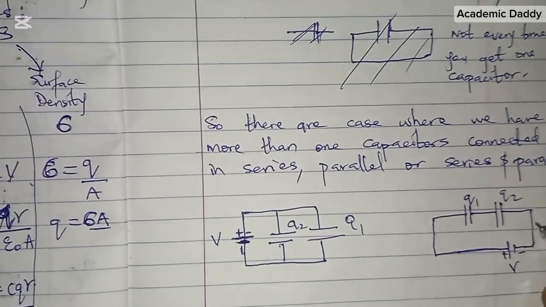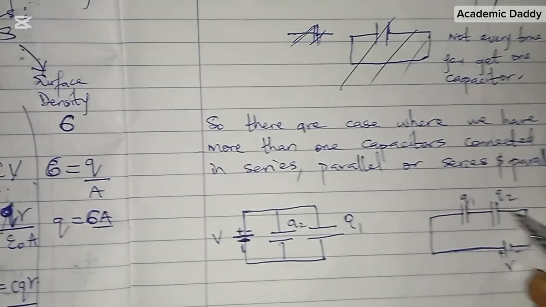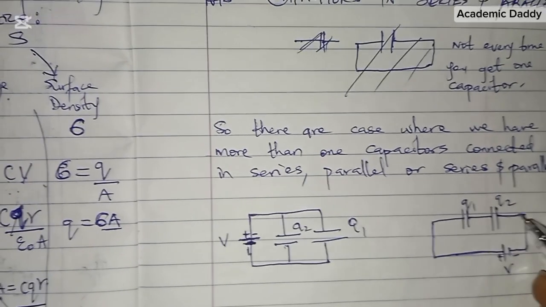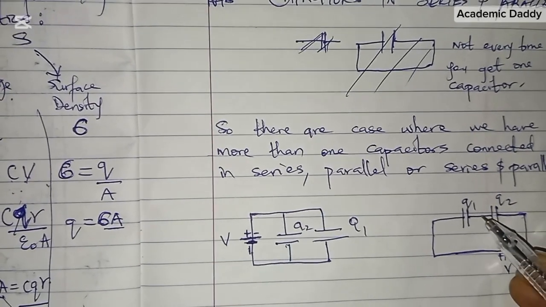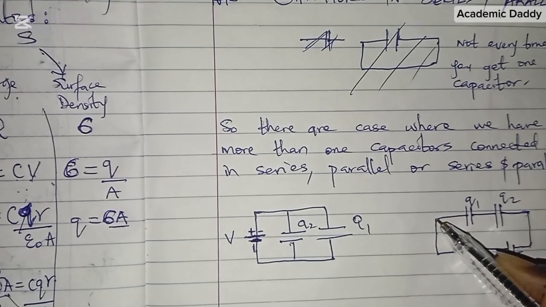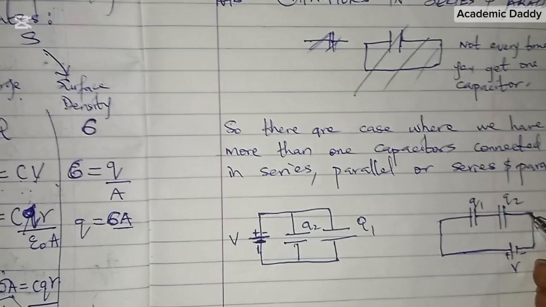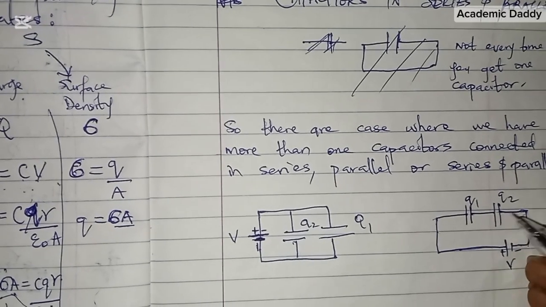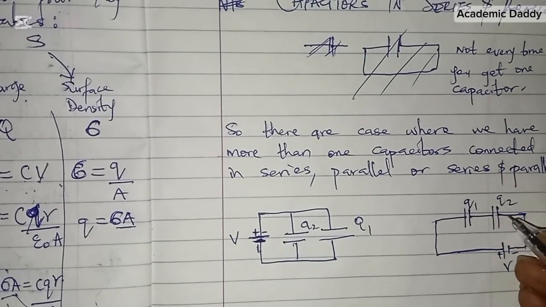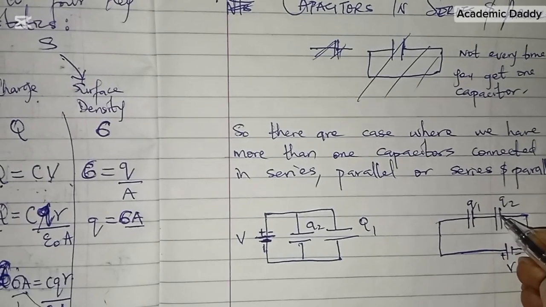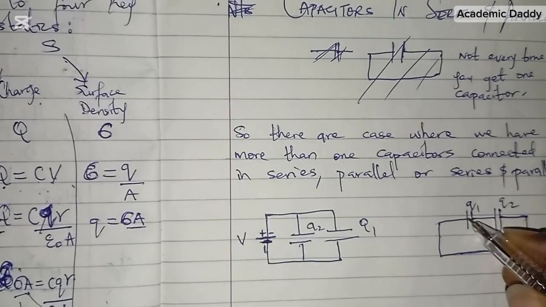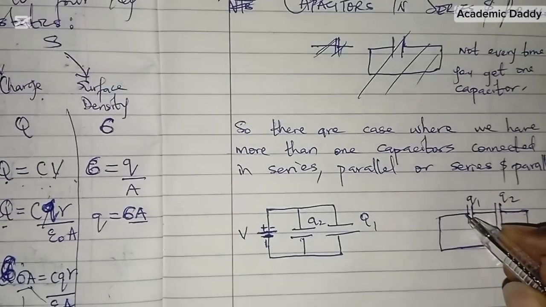But look at this one now. As this voltage is moving, we're doing work. Charge is flowing here, but the charge that is flowing here is still flowing on this end. As this voltage, this work that is being done, is moving, it will be changing. At the first point it will be big, then it will reduce because it has done work here and is now doing work here.